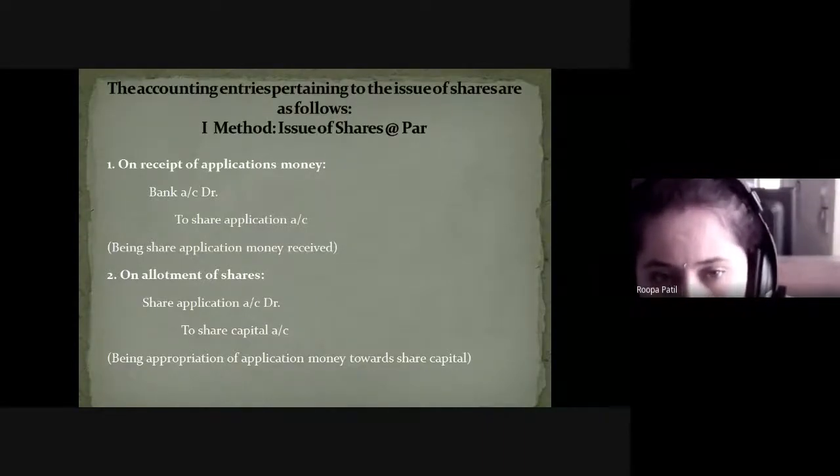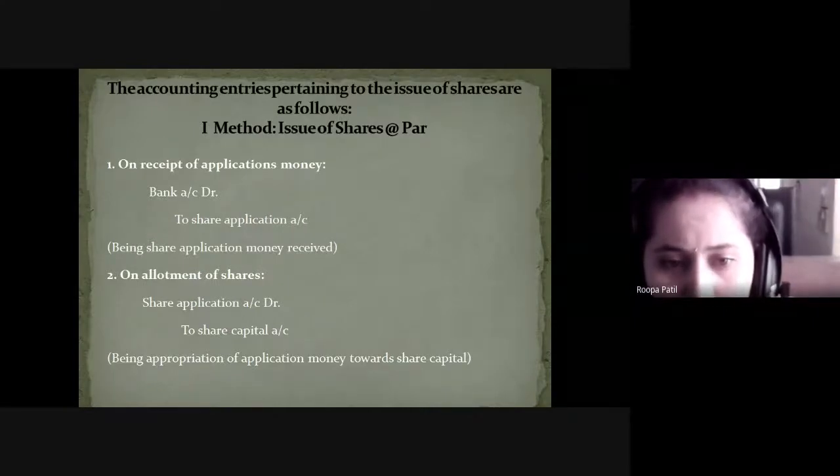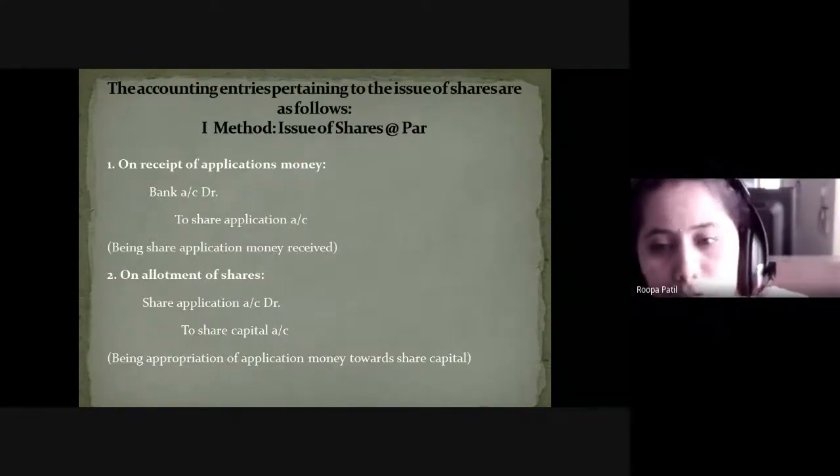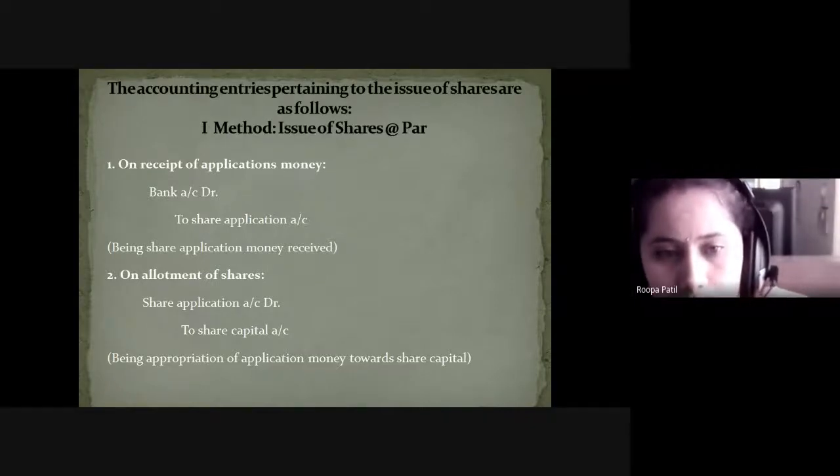At least you need to understand what the minimum and maximum subscription are, because problems will be asked on twisted minimum and maximum subscription.